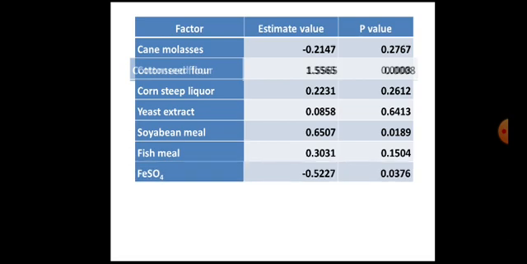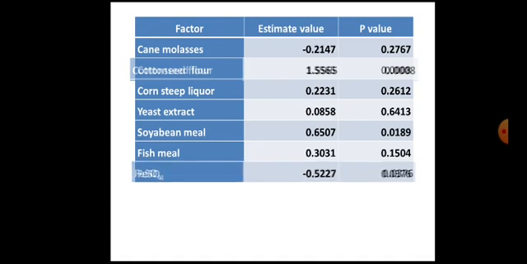Similarly, let us take another example. There is another influential factor, but its parameter estimate value is negative. It is minus 0.5227, and its p value is 0.037. That means it is less than 0.05.